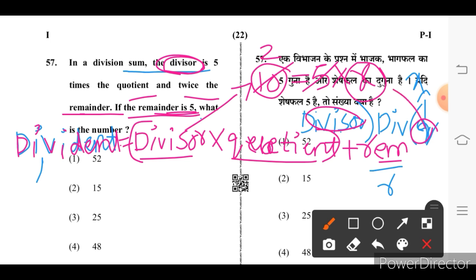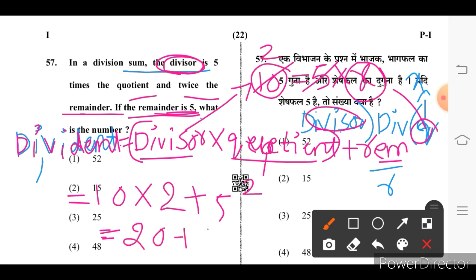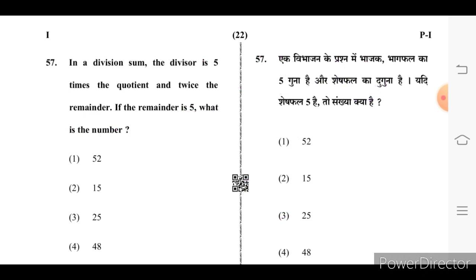This quotient value is equal to 2. From here, divisor is 10 and quotient is 2, plus remainder is given 5. 10 into 2 is 20, 20 plus 5 is equal to 25. So the third option is correct.